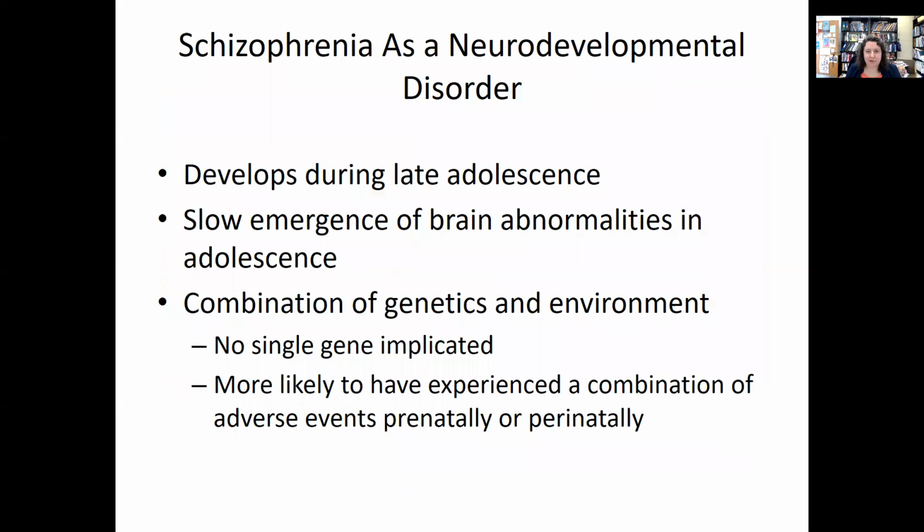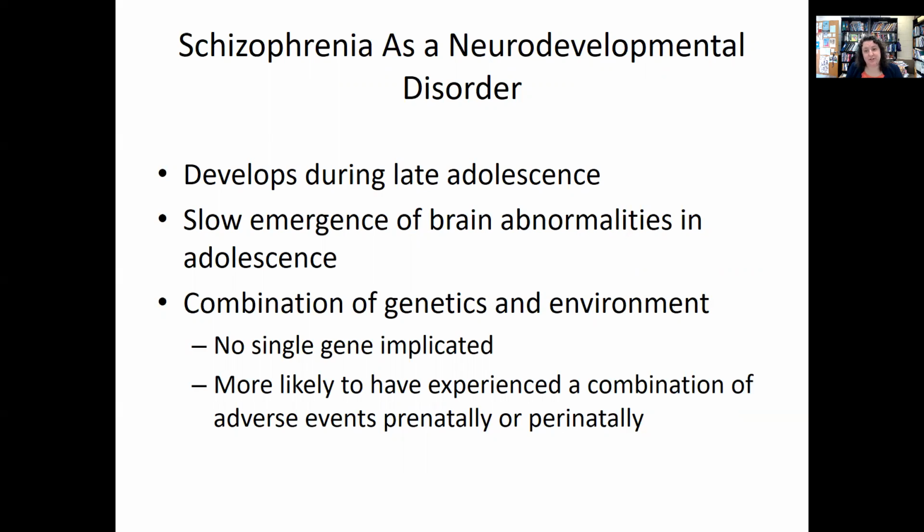Now, some people have argued that schizophrenia might actually be a neurodevelopmental disorder. It tends to begin in late adolescence or early adulthood. So 20s to early 30s is when we typically see what is called a psychotic break, when the person has their first psychotic symptoms. There's a slow emergence of these brain abnormalities during adolescence, and it's a combination of genetics and the environment.